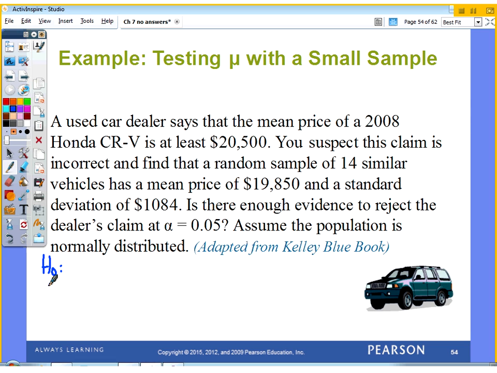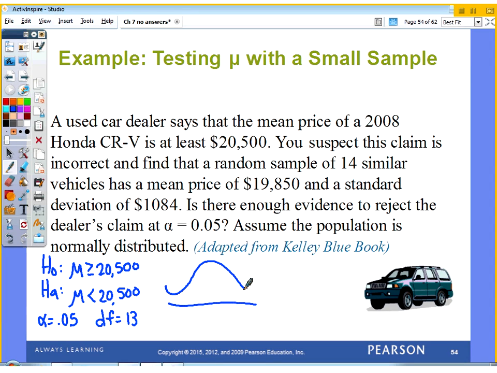So here we go. First thing, we've got to write our hypothesis. The claim is that the mean price is at least $20,500, so that is greater than or equal to. Alternative would be less than. Your alpha is equal to 0.05, and your sample size is 14, so your degrees of freedom would be 13.